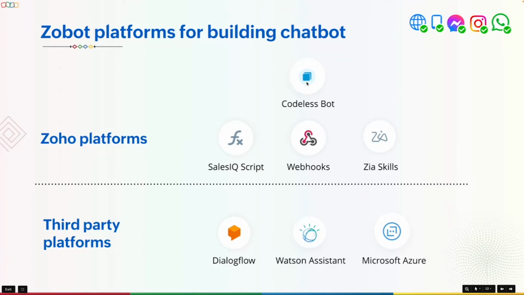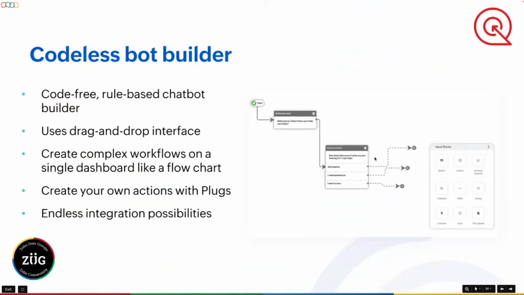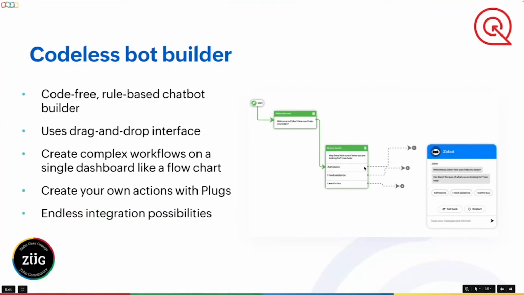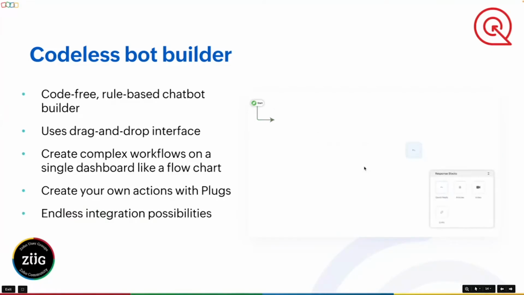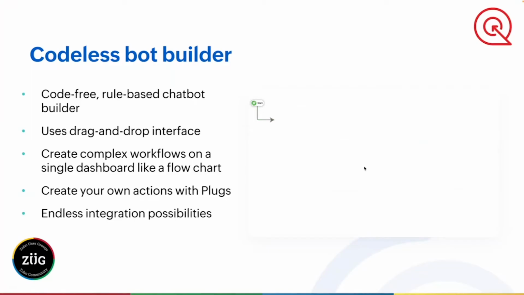The first one is the Codeless Bot Builder, where you can build your bot just by dragging and dropping elements like this. If you're not a developer or don't know code, you can use this platform to create a bot by dragging and dropping puzzles.